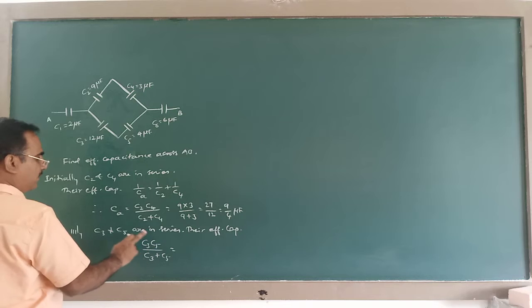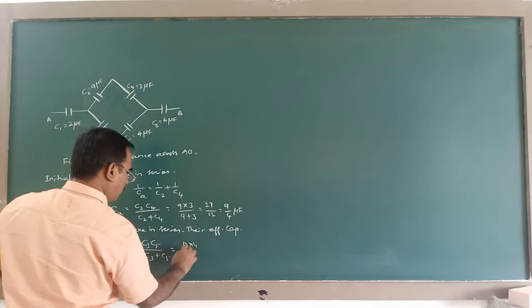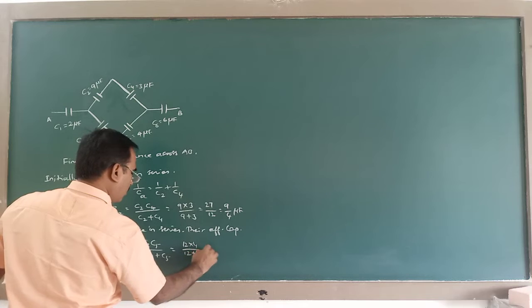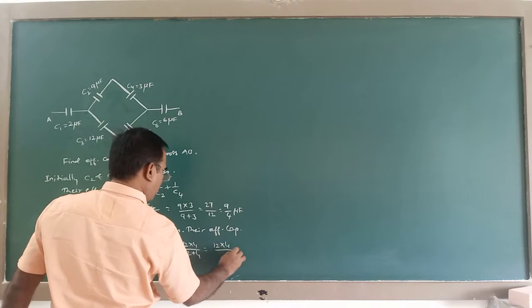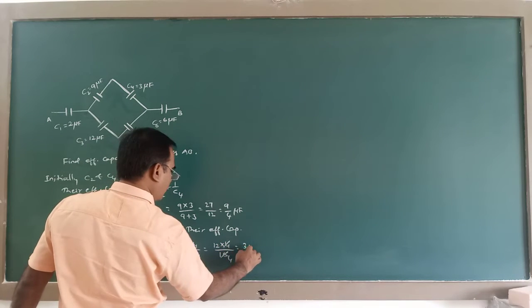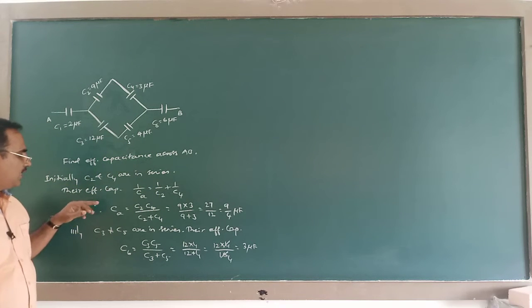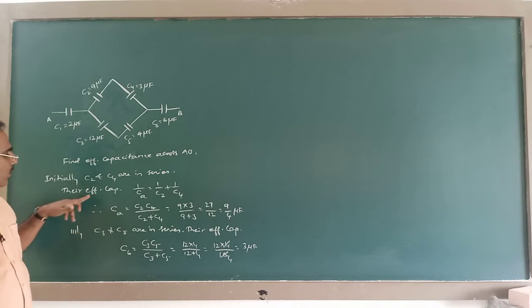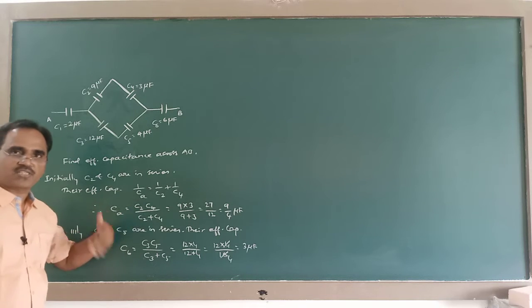C3 and C5 mean 12 into 4 divided by 12 plus 4, so it is 12 into 4 divided by 16. So it is 3 microfarad. See, effective capacitance means it is the capacitance of that capacitor which replaces the combination.